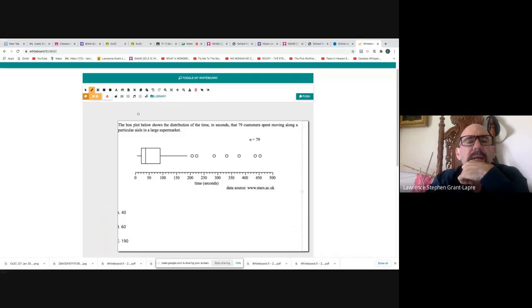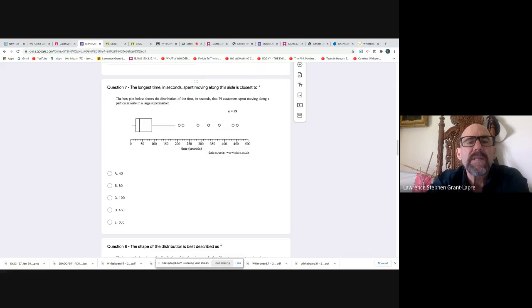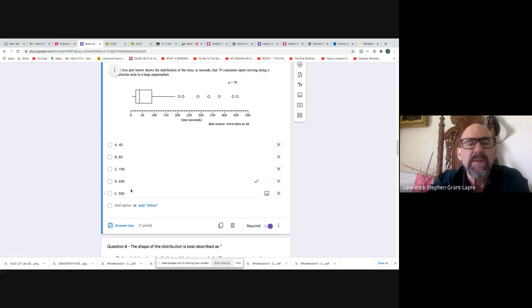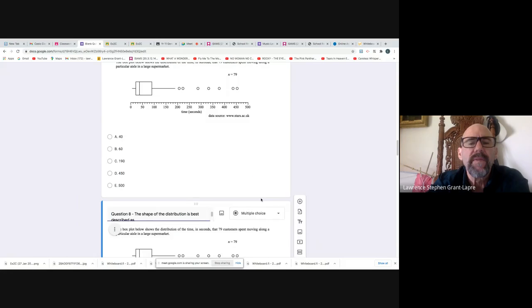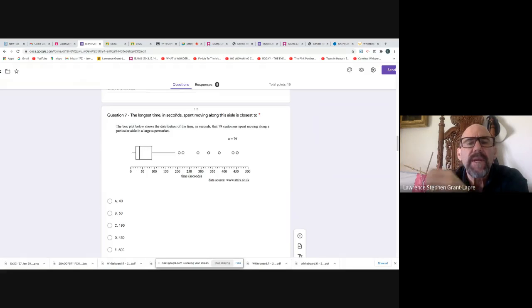The box plot shows the distribution of time in seconds that 79 customers spent moving along a particular aisle. What was the question? The longest time in seconds spent moving along this aisle is closest to. All right, so we've got a choice of 5.